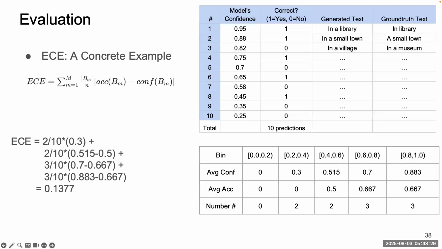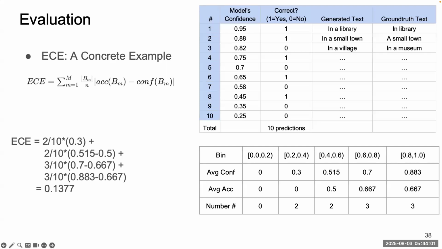Like I said, if it's text, then sometimes you will have an additional step of comparing their semantic meanings to decide whether your prediction is actually correct or not. And then if you're calculating ECE, you will bin the confidence intervals into 0 to 0.2, 0.2 to 0.4, and so on up to 0.8 to 1.